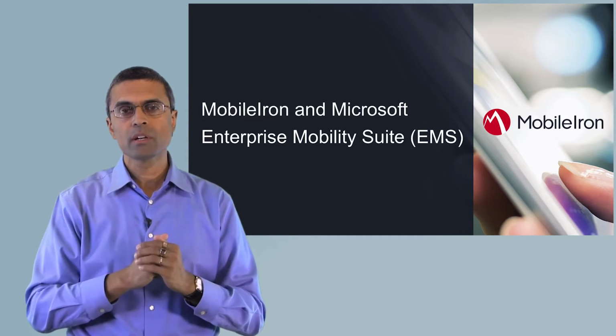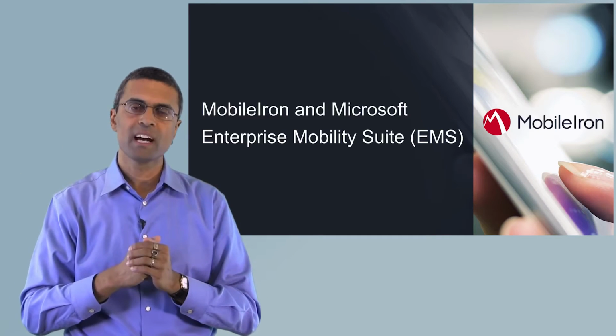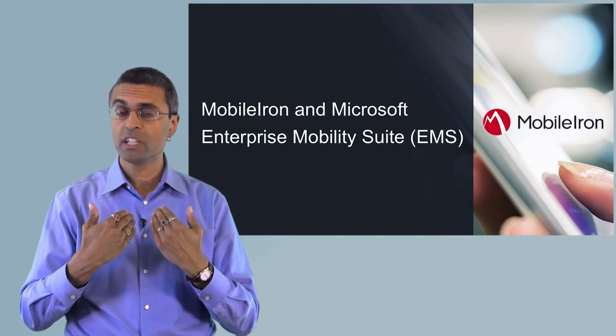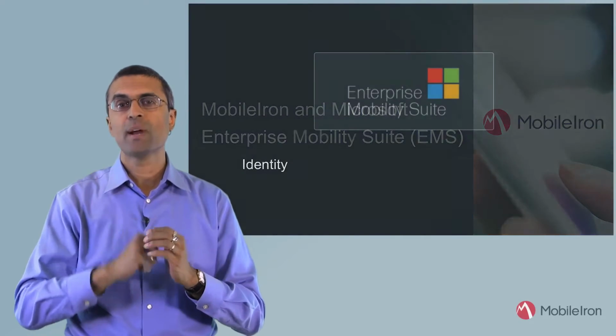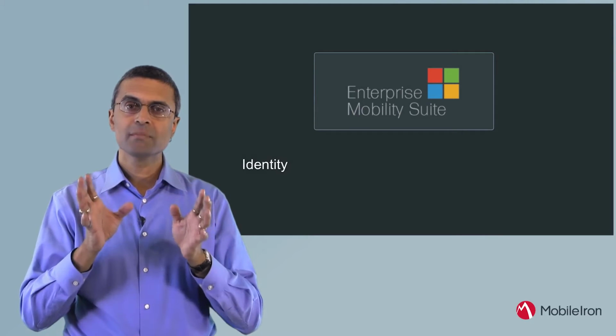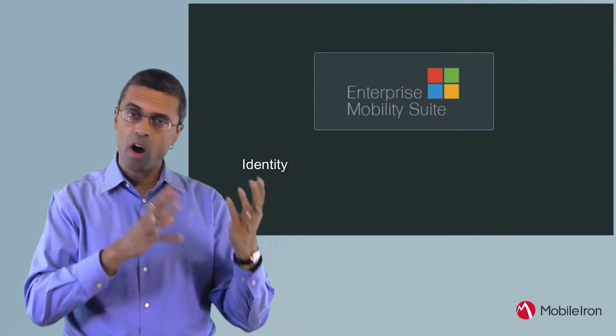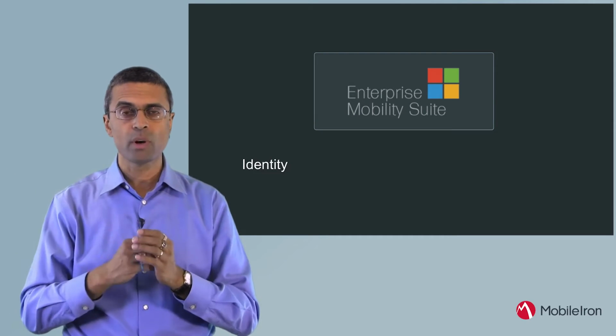EMS has three core components with, I'm sure, more to come over time. The first one, the most central and most important, we believe strategically to Microsoft, is Azure Active Directory Premium. This is Microsoft's identity and access management solution, which competes with Okta, Ping, OneLogin, and so forth.